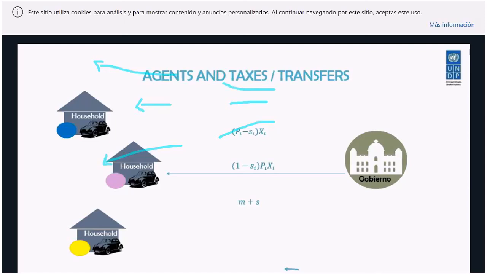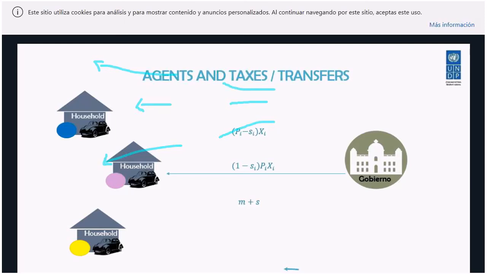The government implements several policies to distribute resources through social policy, through cash transfers, in-kind transfers, subsidies, etc.